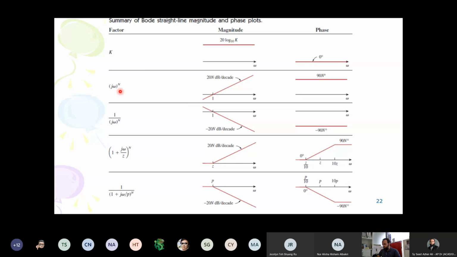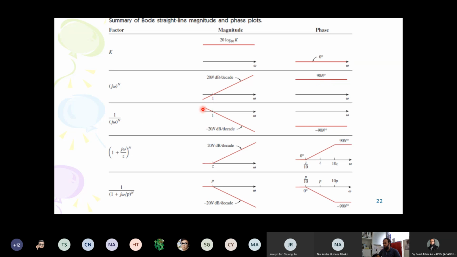But if it's a square or a cube, it will be 20 times 2 or 3 dB per decade. Suppose j omega squared, it will be 40 dB per decade. So instead of 20 at 10, it will be 40 dB or 60 dB or 80 dB and so on. And again, the angle will be 90 times that particular power.